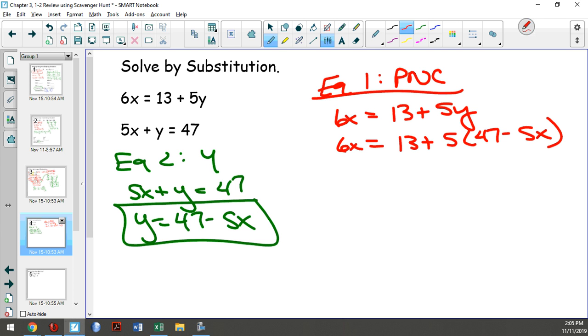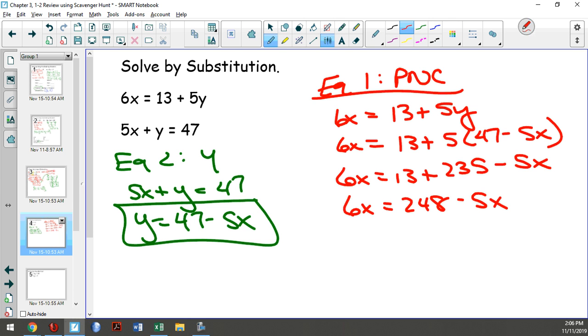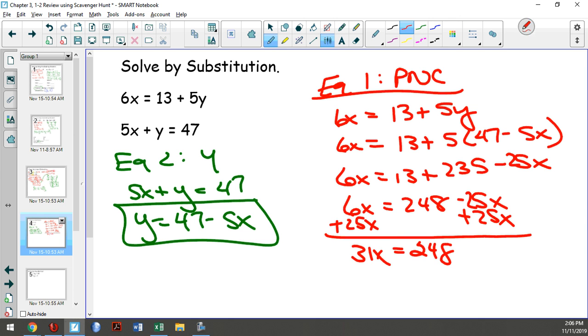I distribute. 6x equals 13 plus, what is that going to be? 235 minus 5x. So 6x equals 248 minus 25x, sorry. Then I'm going to go ahead and add the 25x to give you 31x is equal to 248, so x is equal to 8.